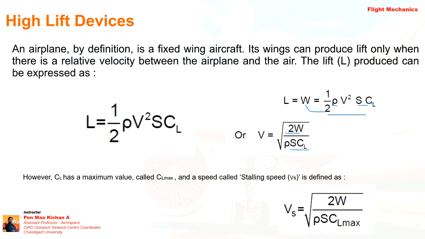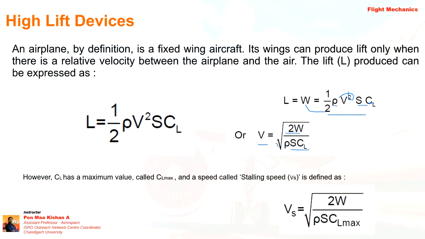There is a square, so for that we take the square root. So my velocity will be V is equal to the square root of 2W divided by rho S CL. Okay.